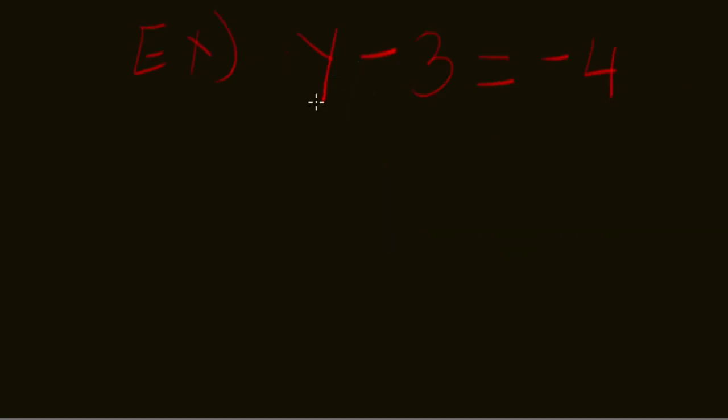Or you could solve this problem using the method we applied earlier, where we need to get rid of the minus 3 and put it on the other side. You take the opposite of minus 3, which is positive 3. Now it's canceled on the side where the variable is, and it belongs on the other side.